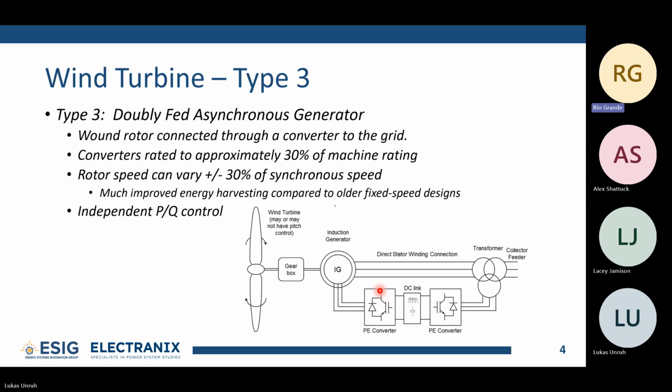At a high level, that's what we're trying to do, and that's why this configuration exists. We have this rotor side converter, which can really drive the speed of the wind turbine to extract the most energy out of the wind.